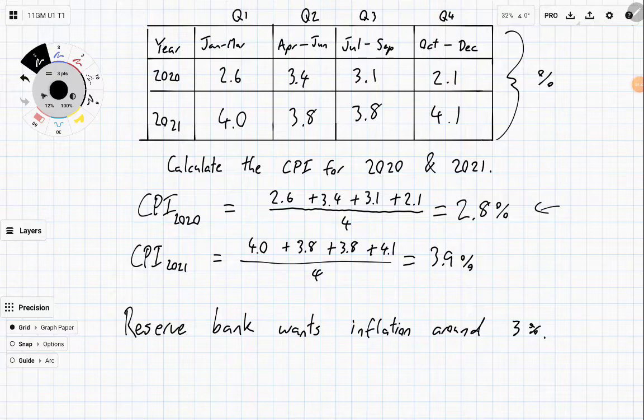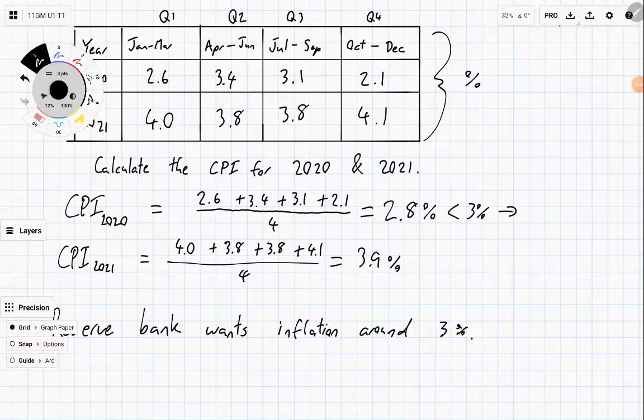So in the first year, the Reserve Bank wants it around 3%. Because this is less than 3%, their job is going to be to lower interest rates. Now, in this case, it's actually bigger than 3%. It's too much. So in that case, they're going to raise interest rates.